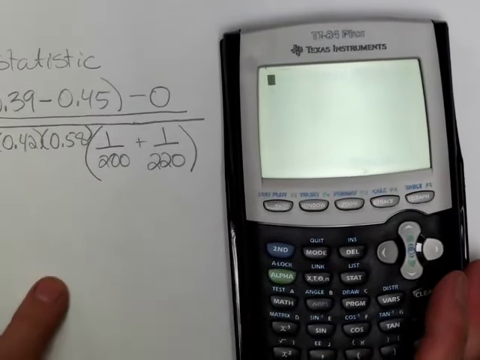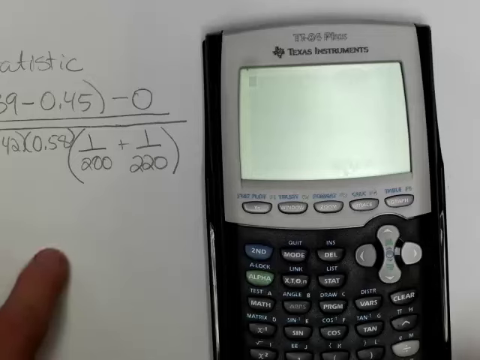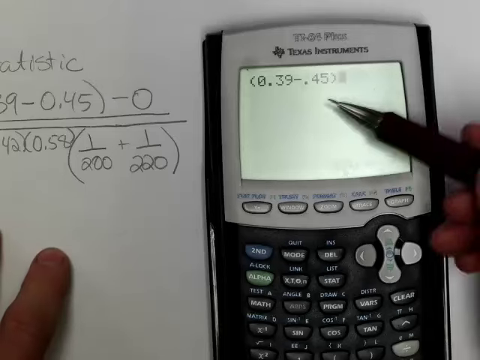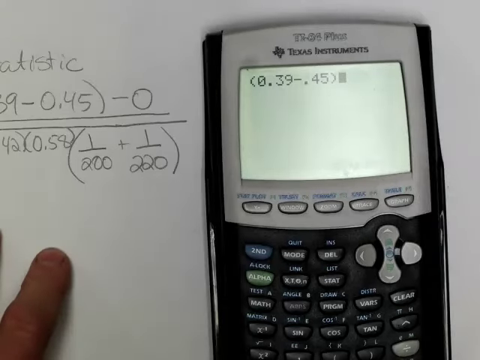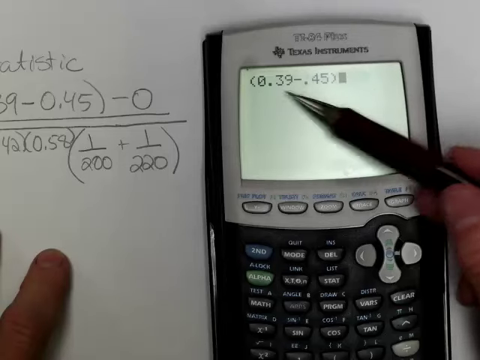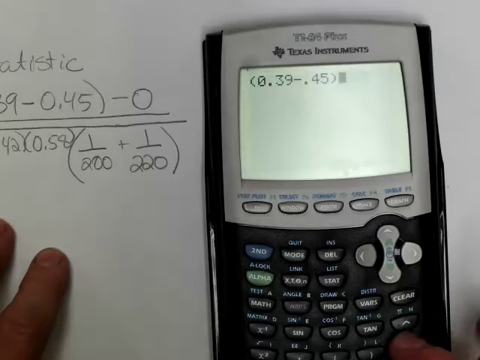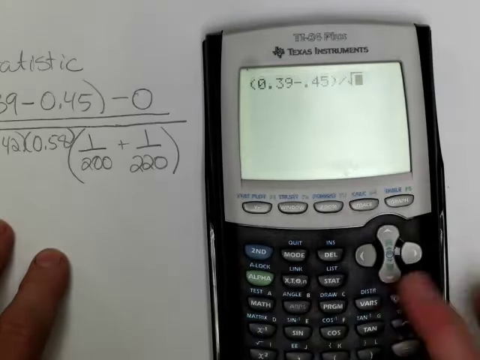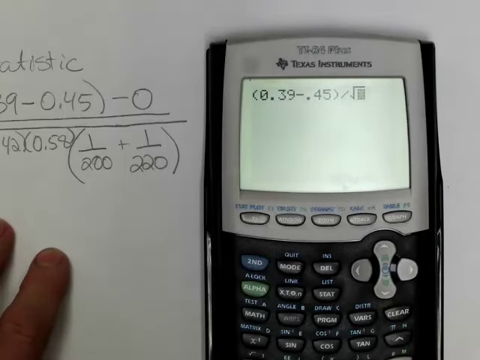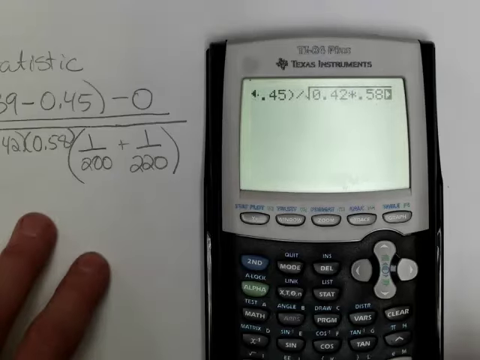This can sometimes be tricky for me. So in this numerator I have 0.39 minus 0.45. Notice I put parentheses around it so that the calculator knows to divide this entire difference by the denominator, not just the 0.45. Then divided by, I'm going to open up that radical. It's going to be 0.42 times 0.58 times 1 divided by 200 plus 1 divided by 220.